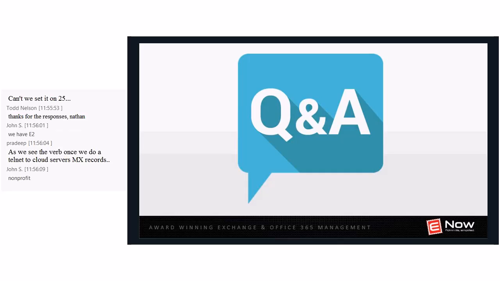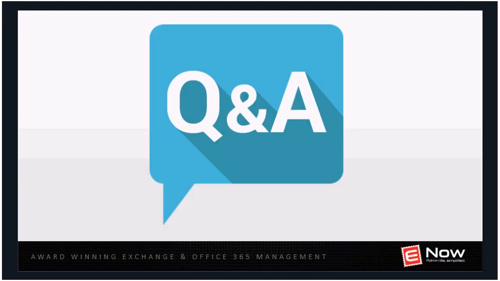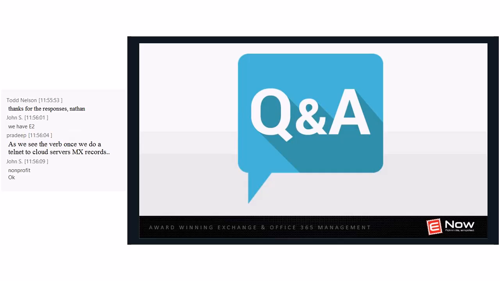What I can tell you is that all of that functionality is available with an E3 license. It's also all available with the education and nonprofit versions of the E3 license. If you're using any of those licenses, all of that functionality will be available. If you're using a lesser license than that, I know Exchange Plan 2 licenses used to be, or maybe they are, about $8 a month.